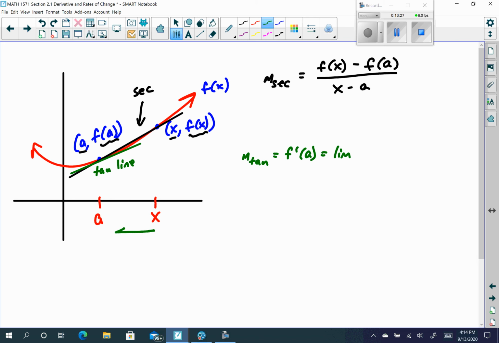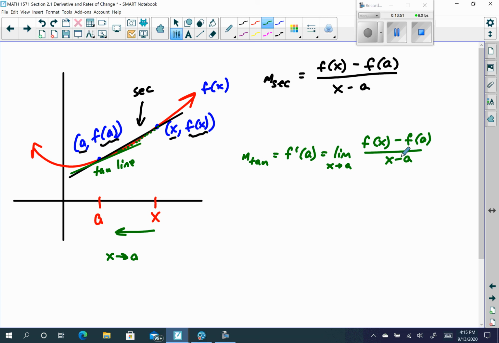And here, x is just going to move backwards and get closer and closer to a. So it's as x is approaching a. So the limit as x approaches a of f of x minus f of a over x minus a. So instead of just having a monomial in our denominator, now we have the binomial. And that's what can cause more complicated algebra and factoring to go through this.